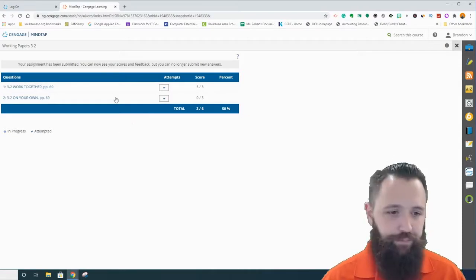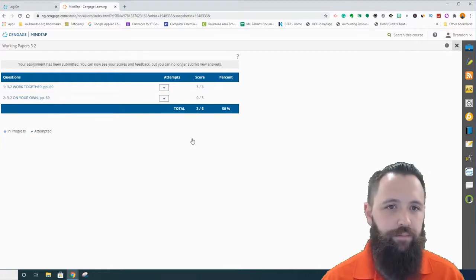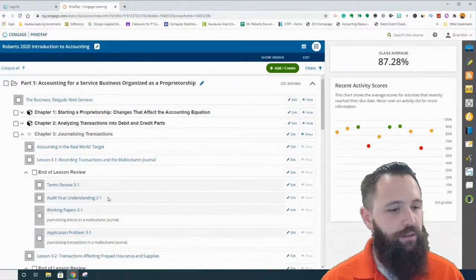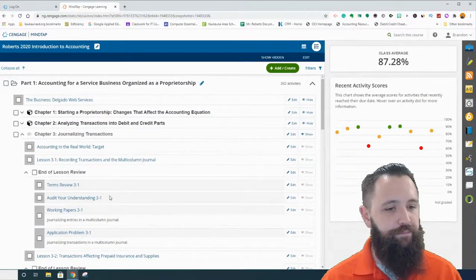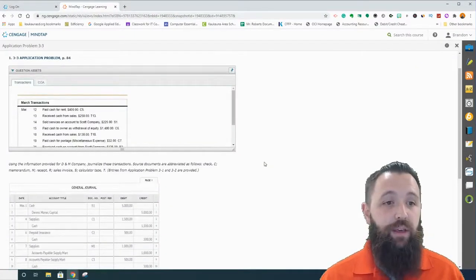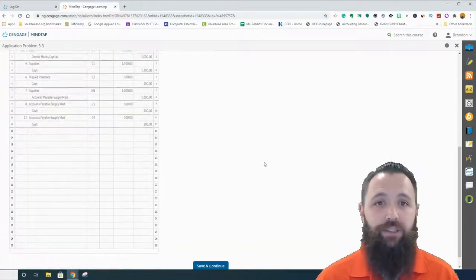Same thing. So let's go back and we will open up the application problem real quick. I just want to show you guys that the application problem is the same thing. As you can see, it's going to be the exact same thing, except it's just more transactions, okay?